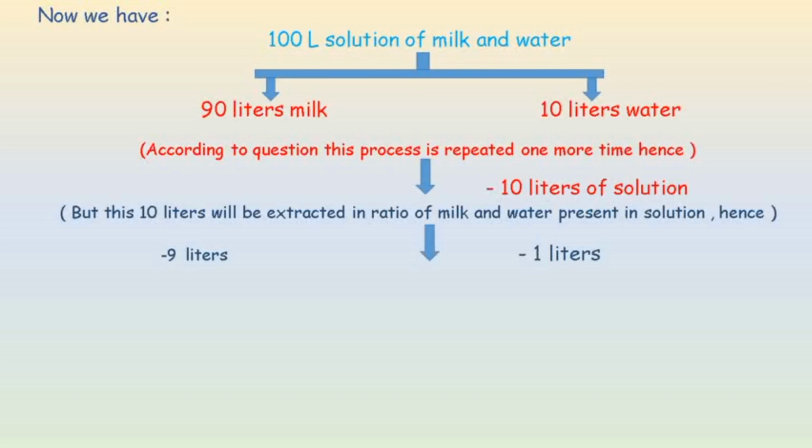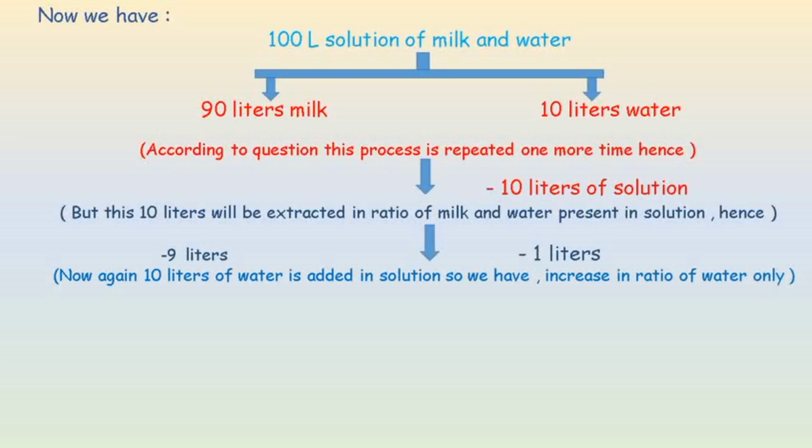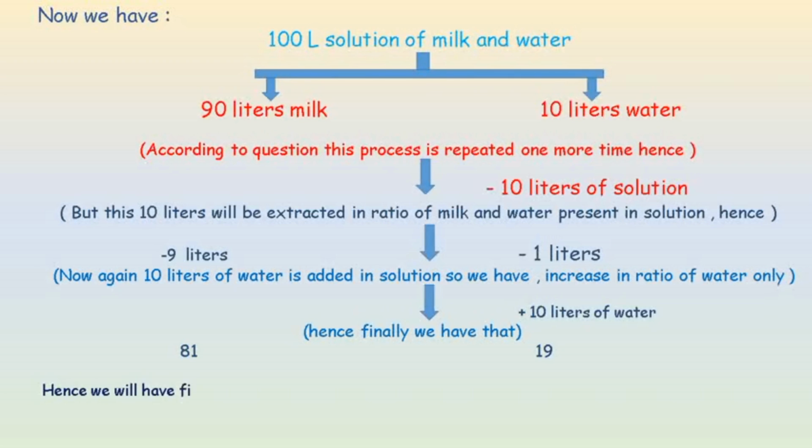Now 10 liters of water is added in solution. So we have increase in ratio of water only. So we have plus 10 liters of water. Hence finally we have 81 and 19. And what is this 81 and 19? Hence we will have finally 81 ratio 19 be the final ratio of milk and water in jar.